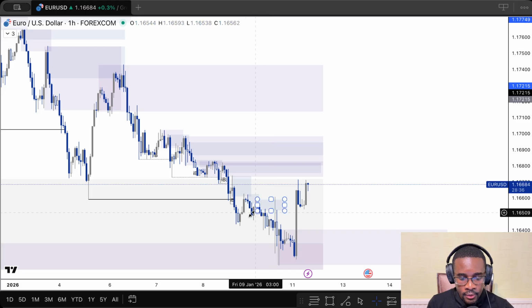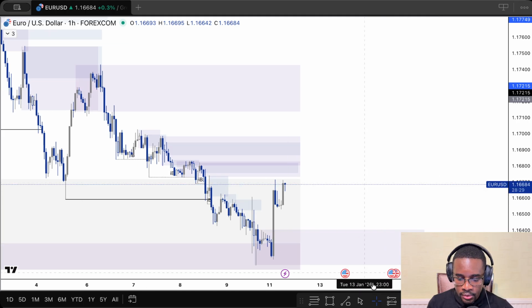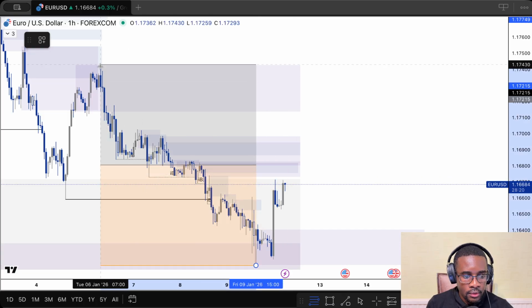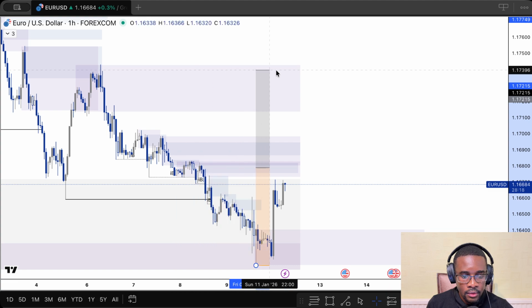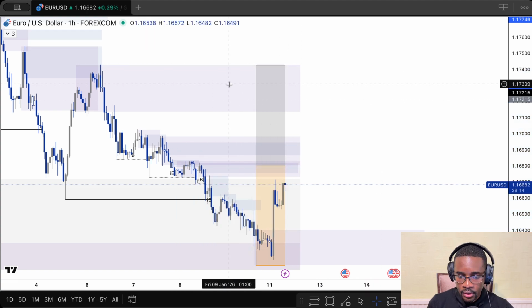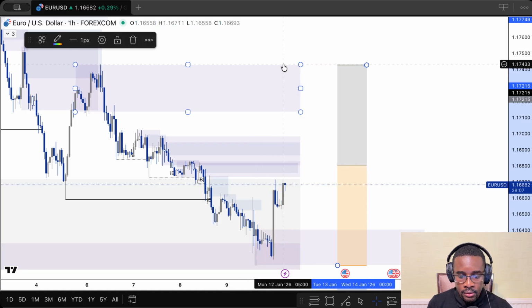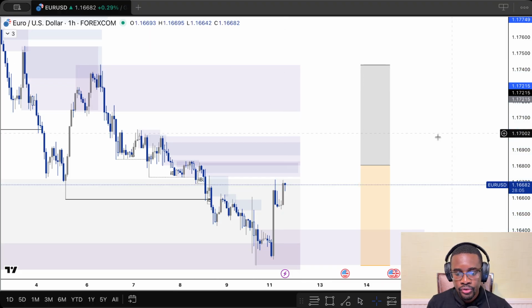Internally though, let's look at it this way. If we look at it like that, this is our swing range.